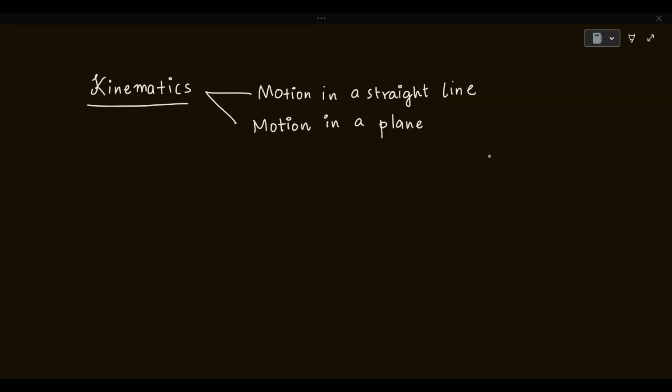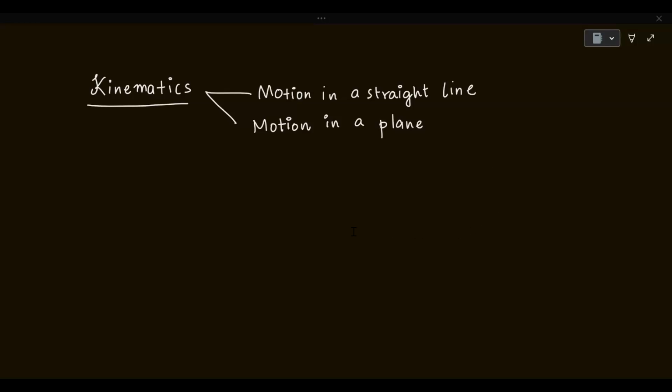We'll just see a lot of derivations using calculus and stuff like that. And new things involve graphical analysis. How do you make graphs between displacement and time, velocity and time, etc.? Those are the things you can expect in this particular module. So that is what we are going to do in these couple of 3 weeks. That's the plan. Okay. So this is kinematics.